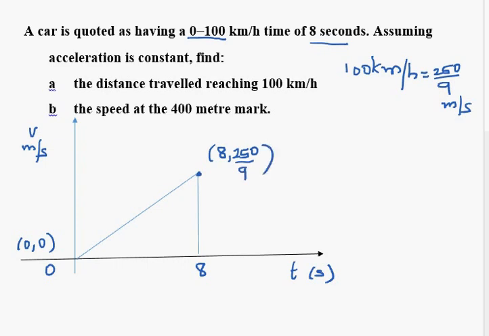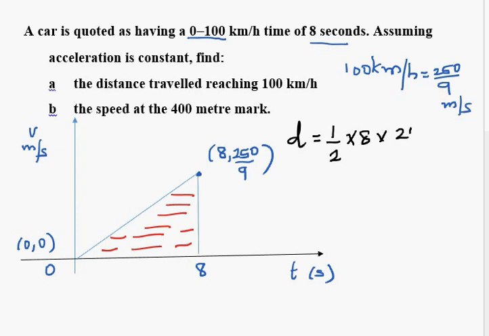You want to find the distance traveled reaching 100 kilometers per hour. So they are asking us to find the area under this triangle, which represents the distance the car covered. The area of this triangle is half times base, which is 8, times height, which is 250 on 9.